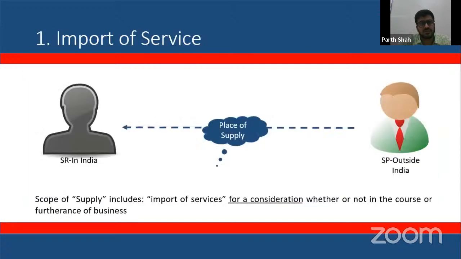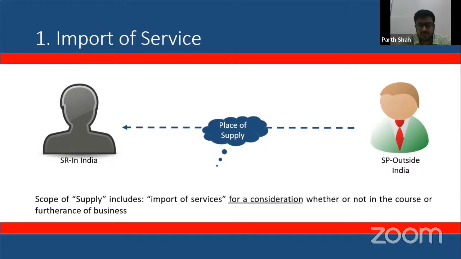So first one, import of services. Very basic and simple, the requirements are such that the service provider has to be outside India. You as a recipient have to be in India.